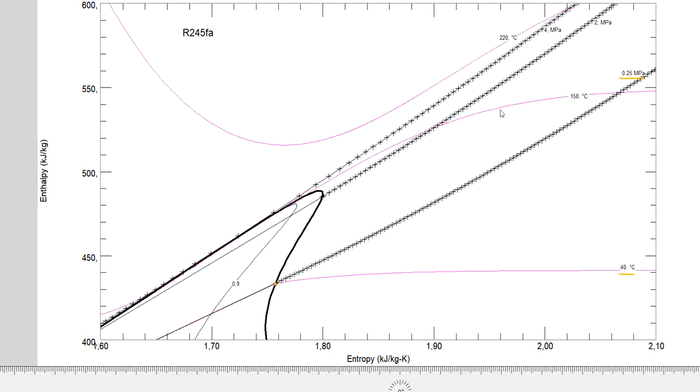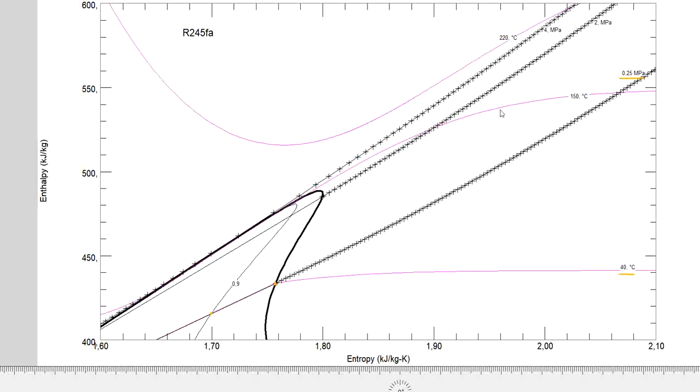Then for the saturated vapor point at specific steam quality, we will get also the saturated liquid. But now at the point of 220 degrees C of the turbine inlet, let's have a look what would be the evaporation pressure.